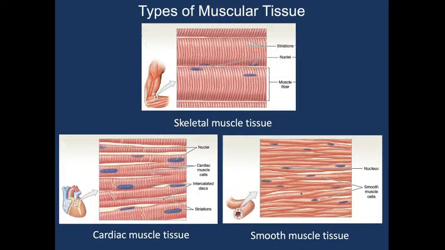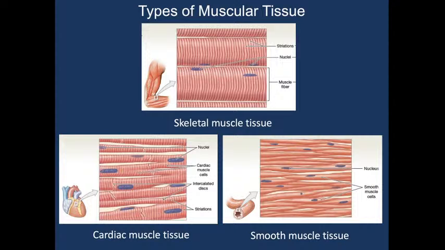Skeletal muscle tissue is referred to as striated because of alternating light and dark protein bands, which we call striations, and those striations are visible when the tissue is examined under a microscope.